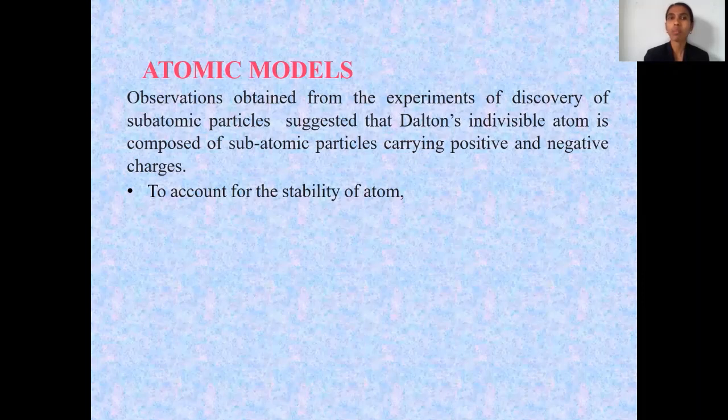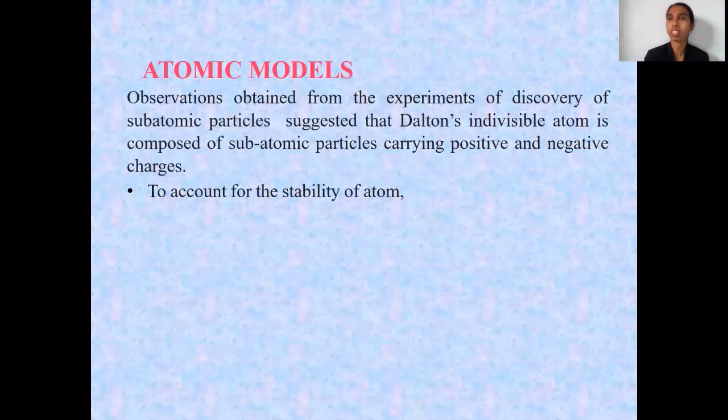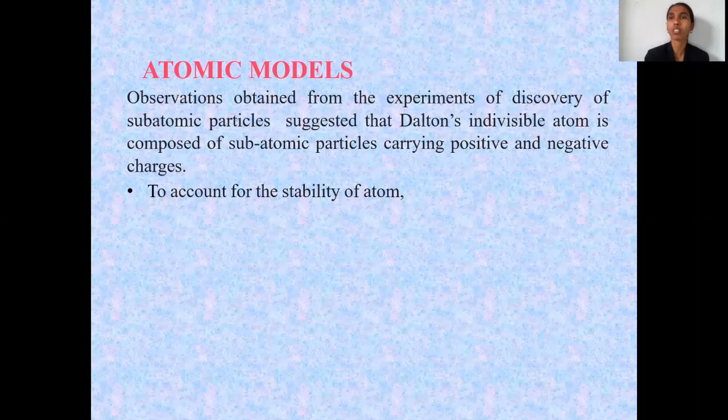परंतु there are many observations obtained from the experiments of discovery of subatomic particles. After the discovery of subatomic particles like electrons, protons, and neutrons, we are saying that the atom contains positively and negatively charged particles. Now, why is there a need for different atomic models?